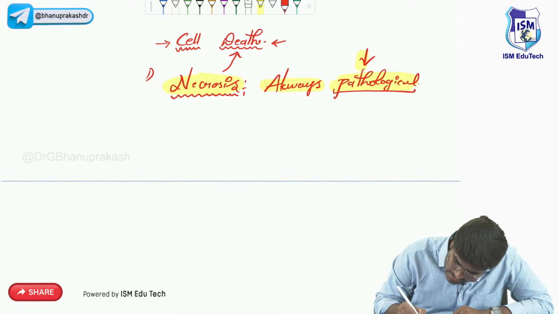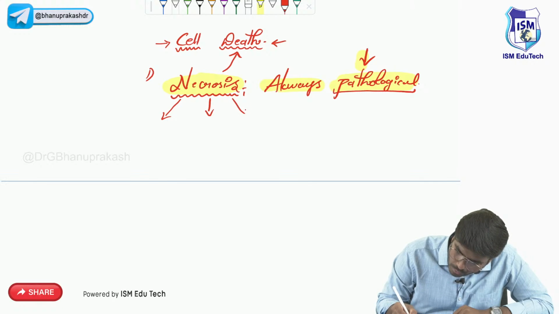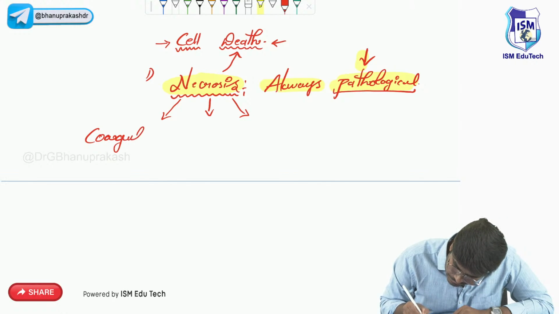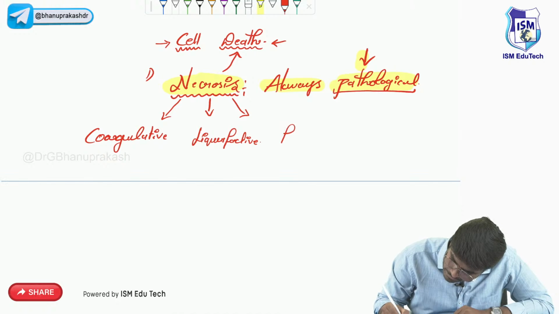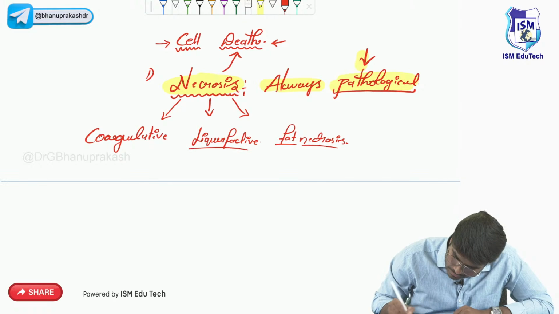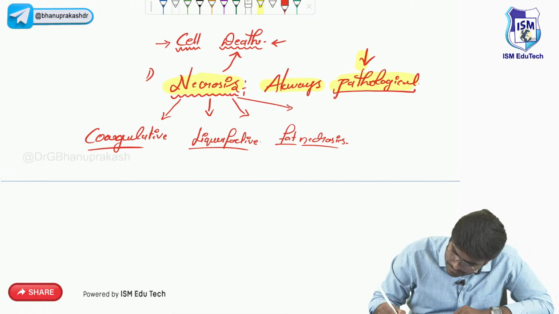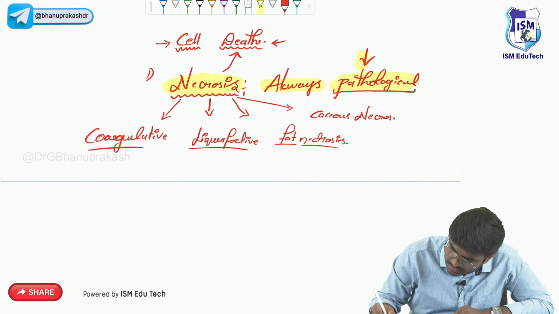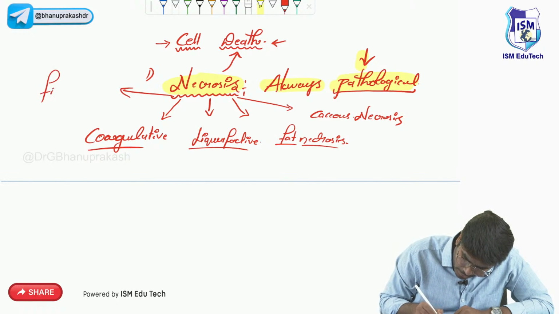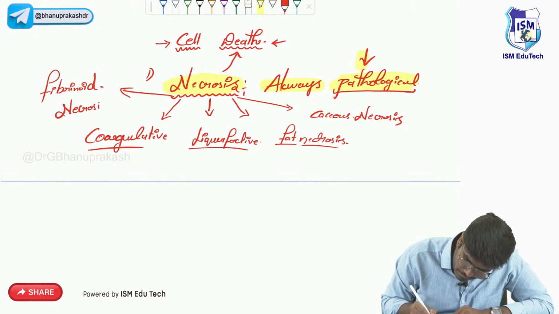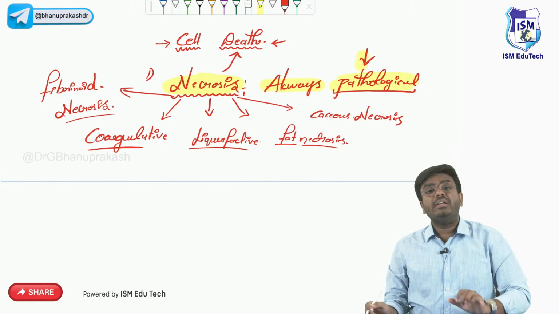The main types which I will be discussing are coagulative necrosis, liquefactive necrosis, fat necrosis, caseous necrosis and fibrinoid necrosis. So these are the different types of necrosis.